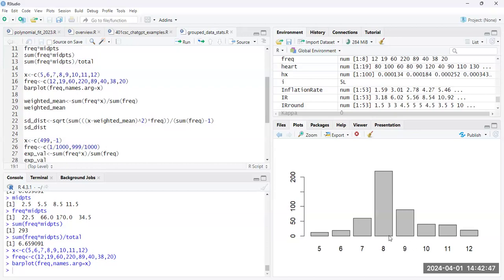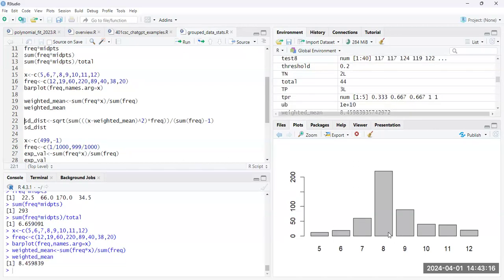We can see that most of them are getting around 8 hours of sleep and falling off on either side. Again, we don't have to calculate the midpoints because these bins represent individual hours of sleep. So we can just calculate the sum of the frequency times X divided by the sum of the frequency.